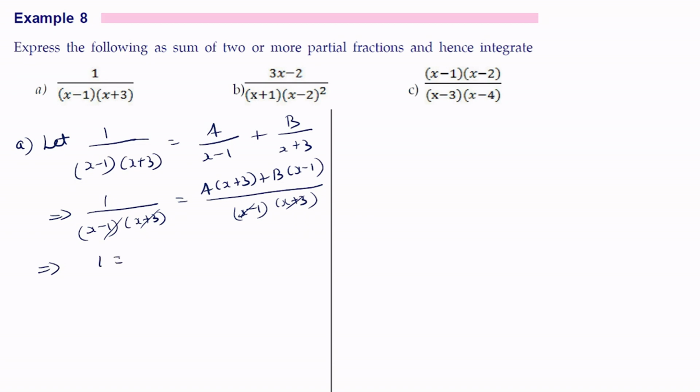So from this we have 1 = Ax + 3A + Bx - B, or it is (A + B)x + (3A - B). So here we can equate the coefficient of x and the constant terms on both sides.